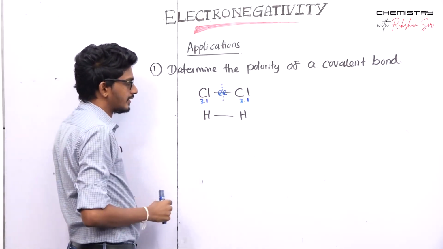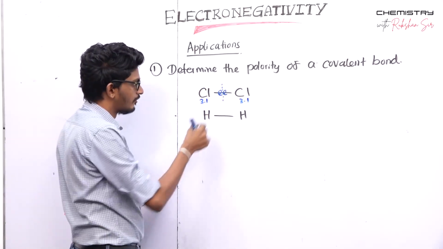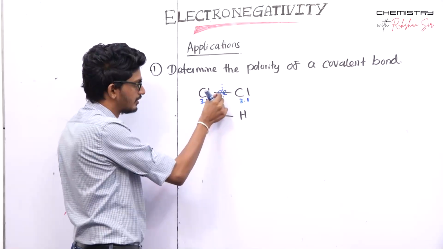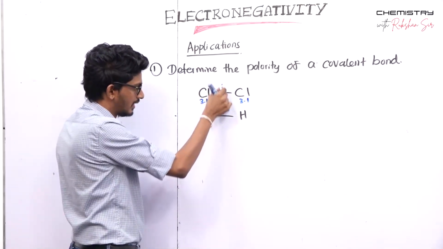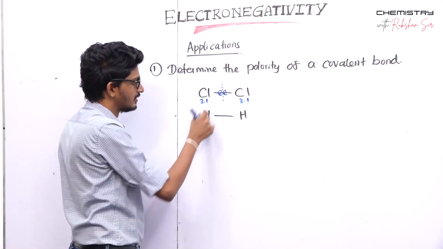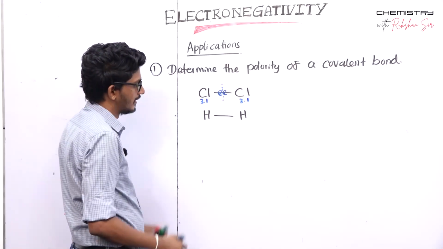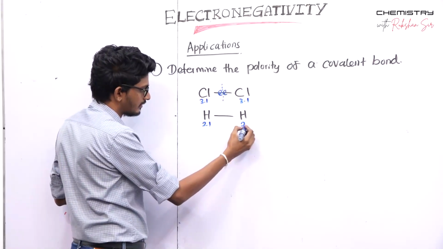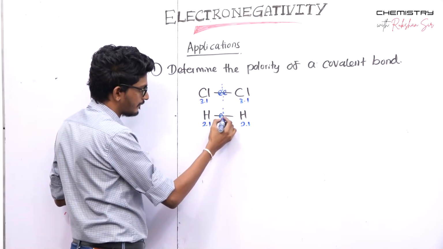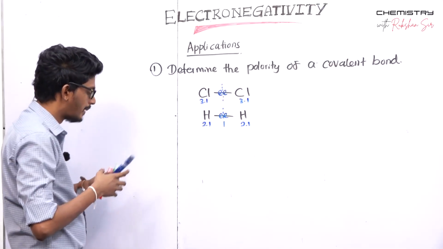Both atoms have equal strength of attracting the pair of electrons in the covalent bond, so the pair of electrons occupies the center of the covalent bond.